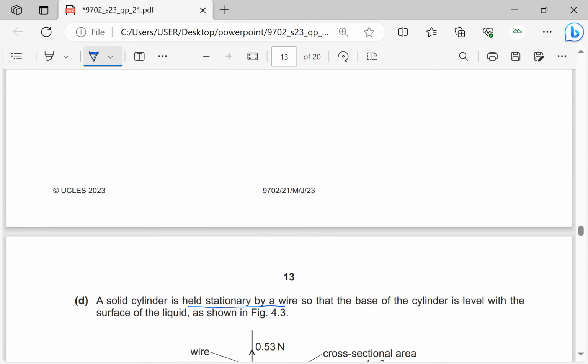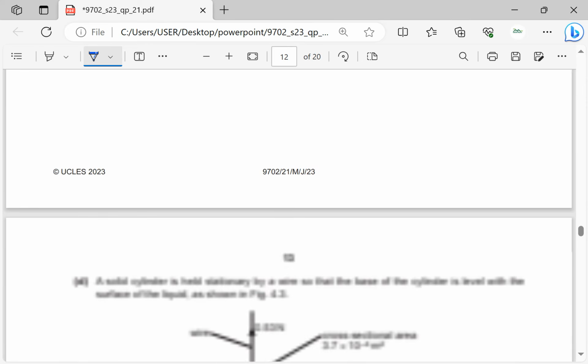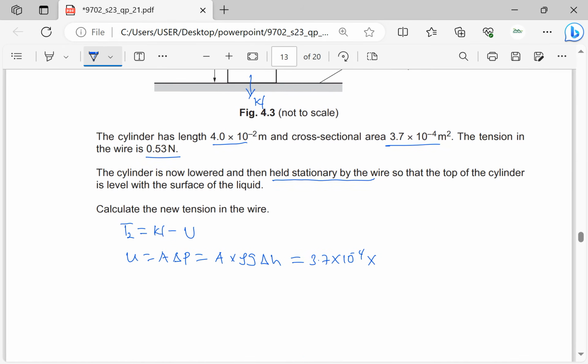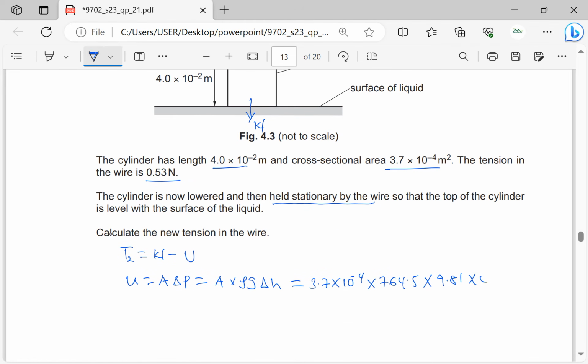It was 764.5. Then times g, which is 9.81, times the height, because the cylinder is now lowered and then held stationary by the wire so that the top of the cylinder is level with the surface. So the whole cylinder is in the liquid, but the top is just level with the surface. So this is going to be times 4.2 times 10 power minus 2. So this is the upthrust.